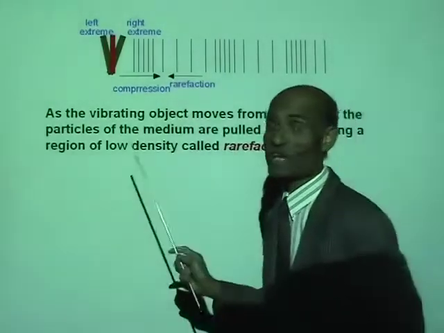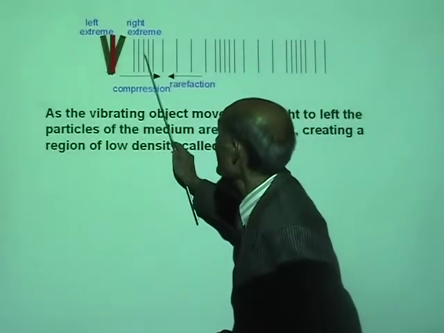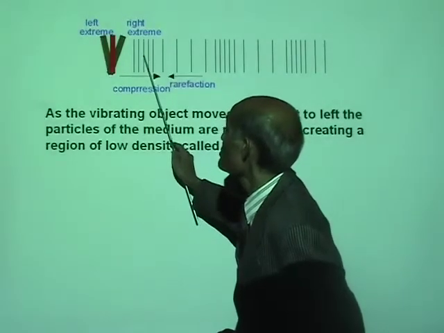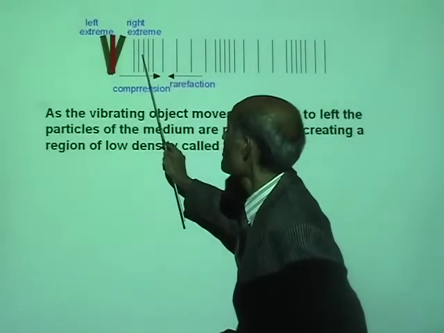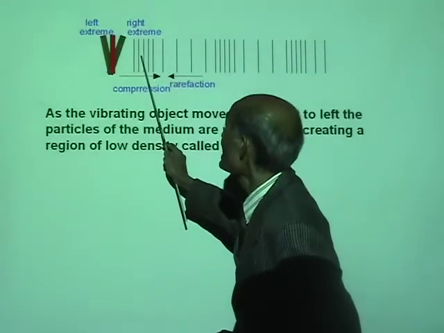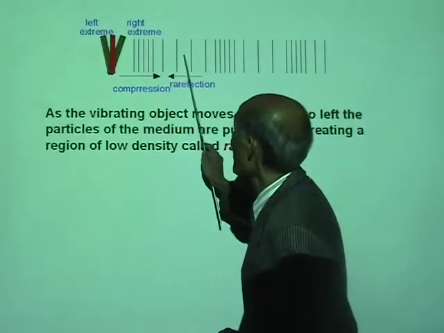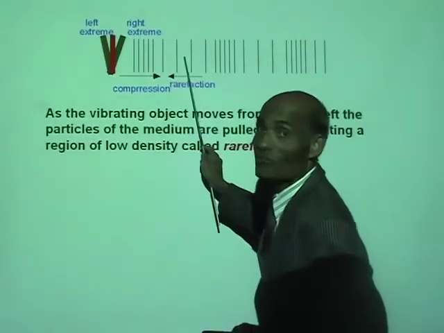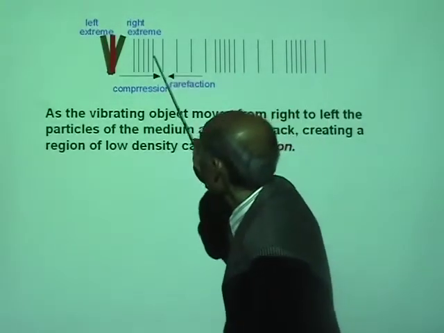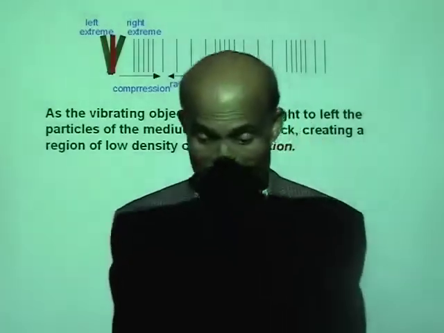So, you must understand, if a particle is in a region of compression, the direction of motion of that particle is the same as the direction of the wave. If a particle is in a region of rarefaction, the direction of motion is exactly opposite.